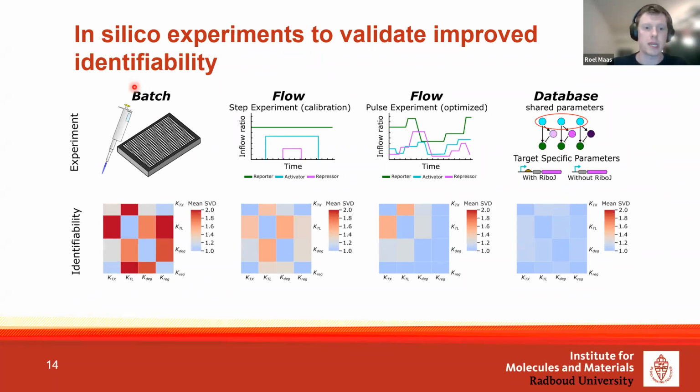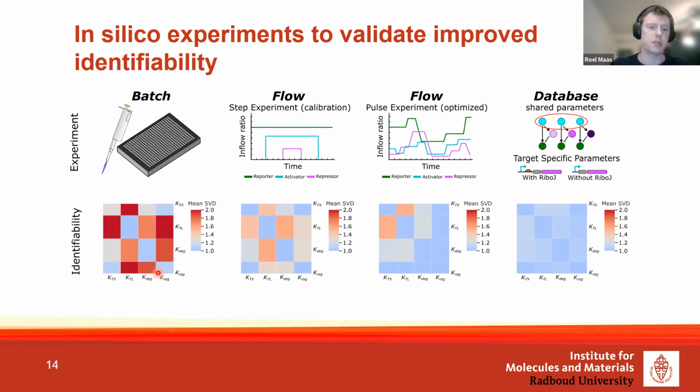To simulate this, we simulated a couple of experiments: the batch experiment, the normal step flow experiment, and the optimized flow experiment. We simulated those experiments for all the different variants, and I fitted them all together to see how this global data fitting would help us with improving the identifiability of the system.